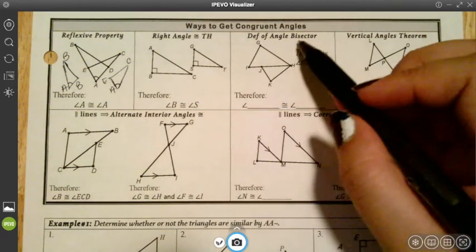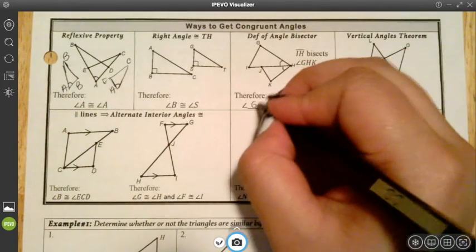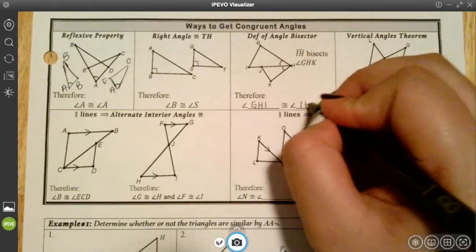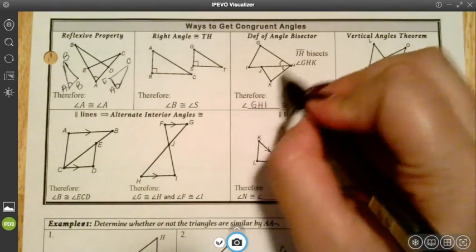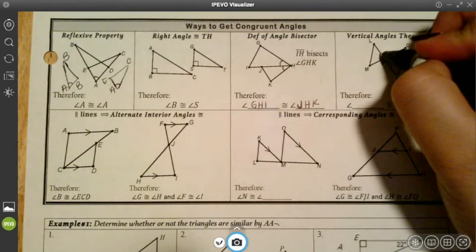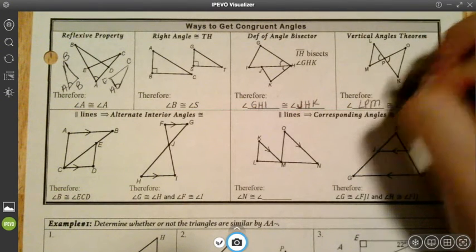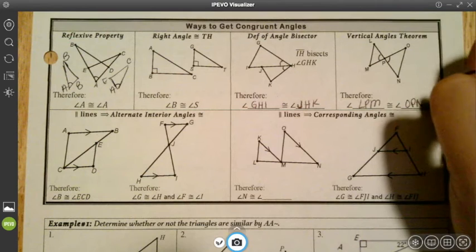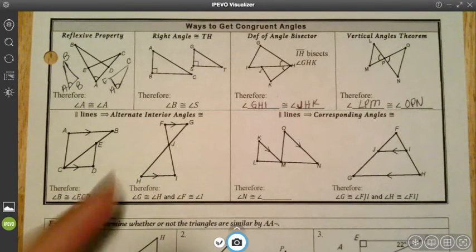We know that if we have an angle bisector, it gives us two congruent angles. So that is angle GHI and IHK, or JHK if we're looking at it within the triangle. We have vertical angles that are always congruent. That's LPM and OPN. We know that parallel lines give us alternate interior angles.